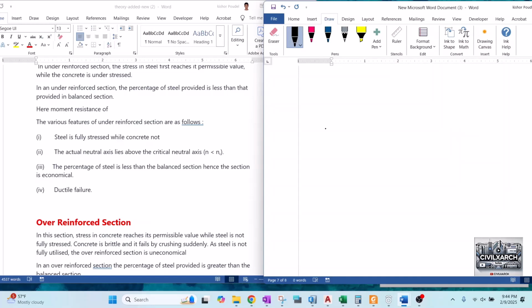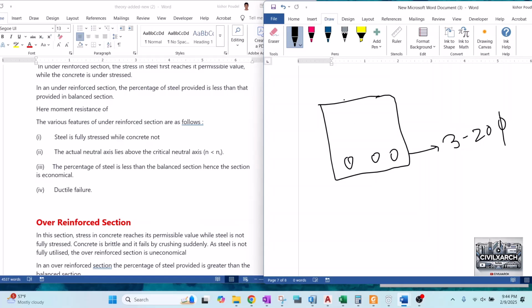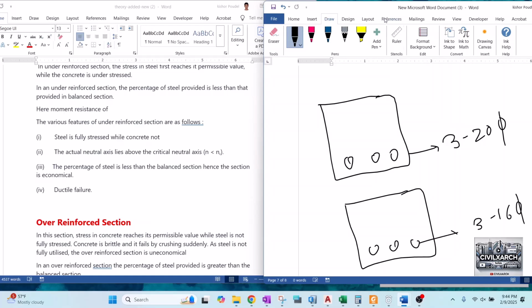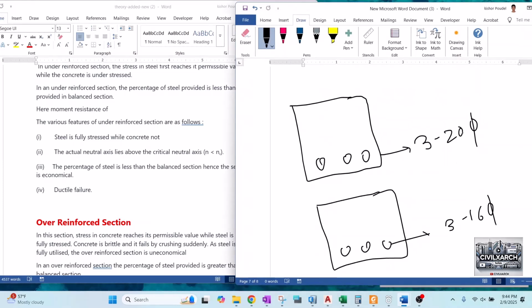For example, for a balance section we need to provide 3-20 bars, but in an under reinforced section we can assume the bottom 3 bars may be 16 bars.